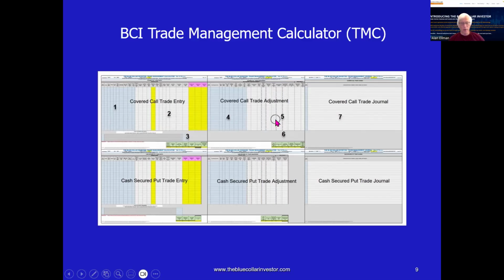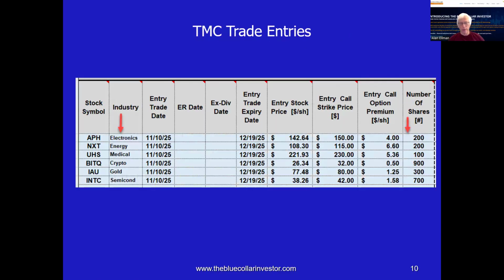And then section 5 gives you your post-adjusted returns per trade, and in section 6 per portfolio. We also have the opportunity to make notations regarding our trades in our covered call trade journal. If you're doing puts, we have a cash secured put trade journal as well. Great learning tool when we go back and evaluate our trades.